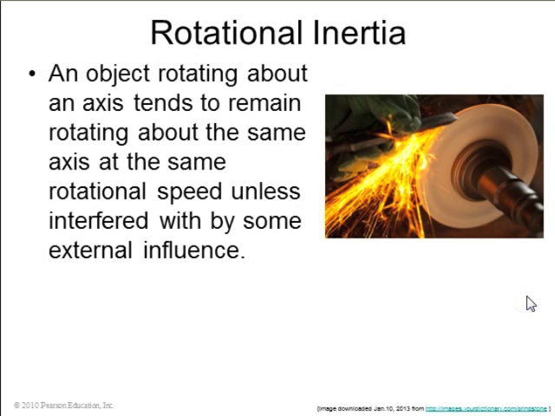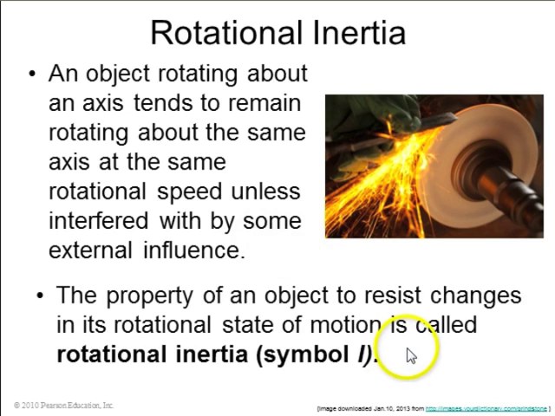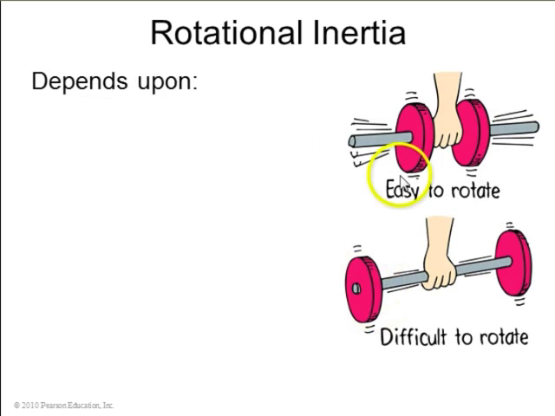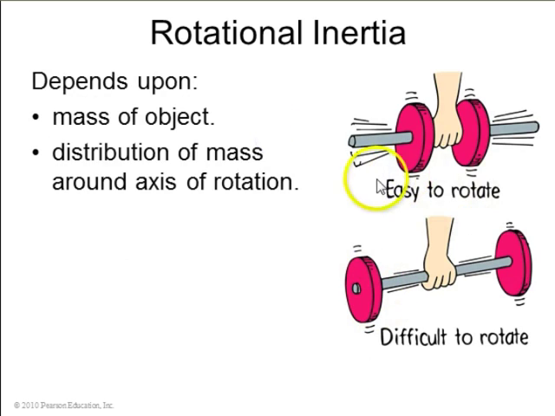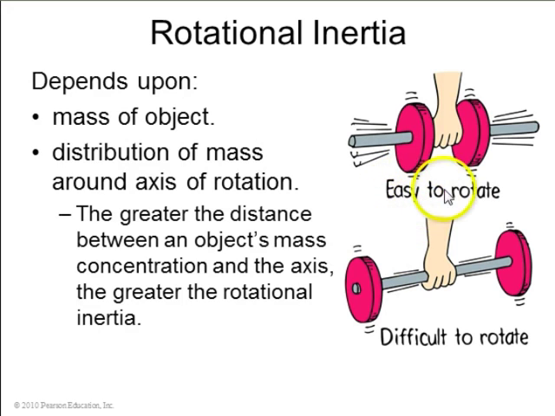So any object that's rotating tends to want to keep rotating unless acted upon by some external influence, and that's called rotational inertia. It has a symbol I, and it depends not just on the mass, but also the distribution of the mass around the axis of rotation. So for example, this dumbbell has its mass close to the axis of rotation as you wiggle it, and so it's easy to rotate.